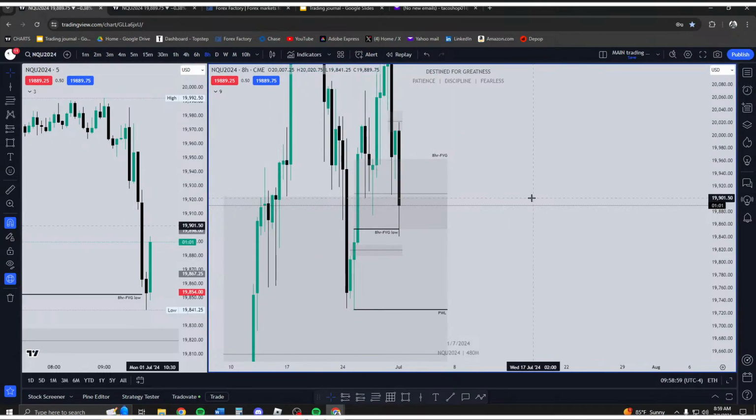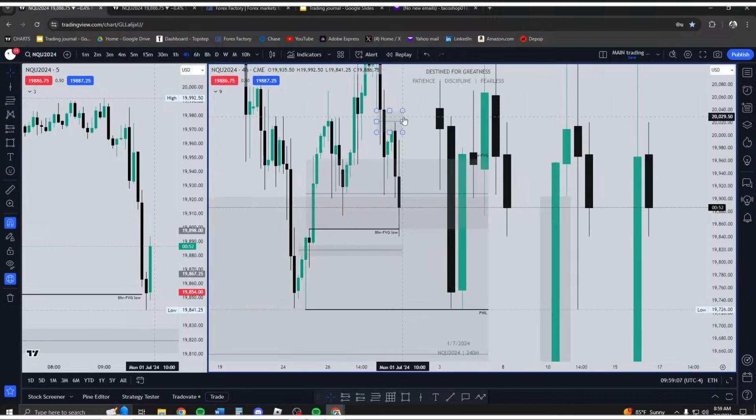We are not. So if we don't close below that 8-hour FEG, then I'm still going to hold off on any trade ideas here. Just be patient. So we have about 40 seconds left.